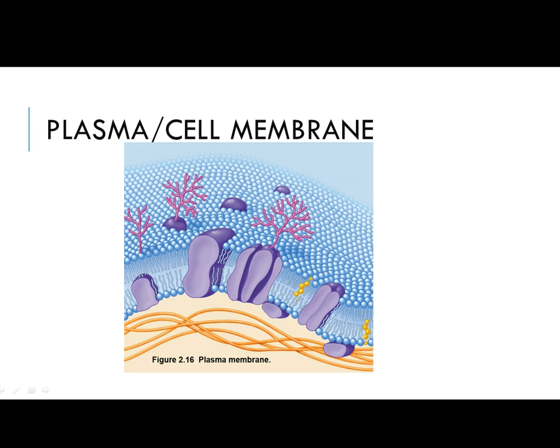And item D specifically is referring to the carbohydrate group on there. So this is a glycolipid and this would be a glycoprotein. So the glycoproteins are only going to be the little tree things that are attached to the protein.